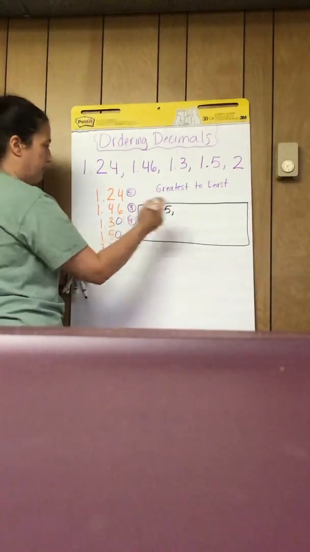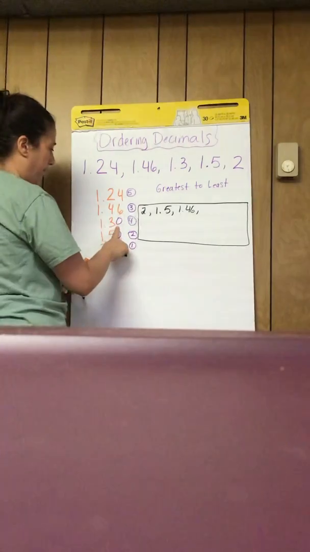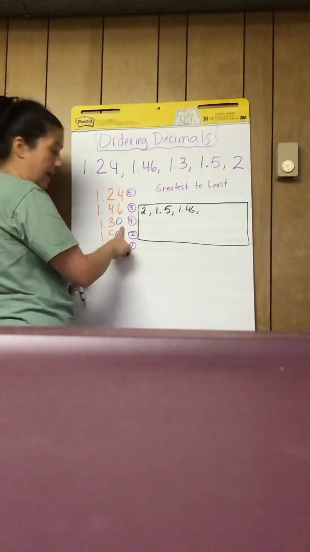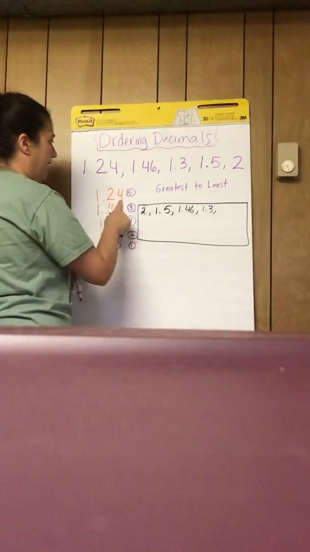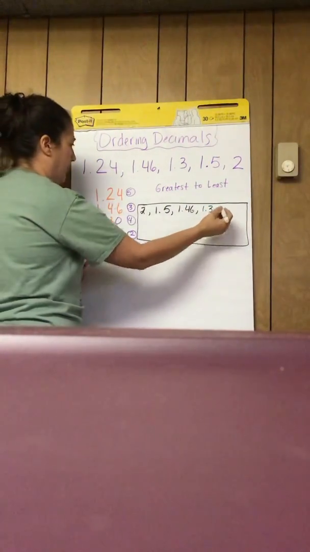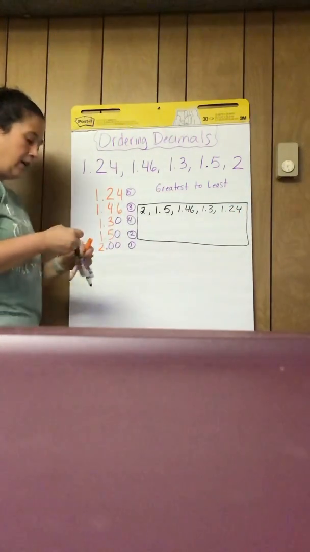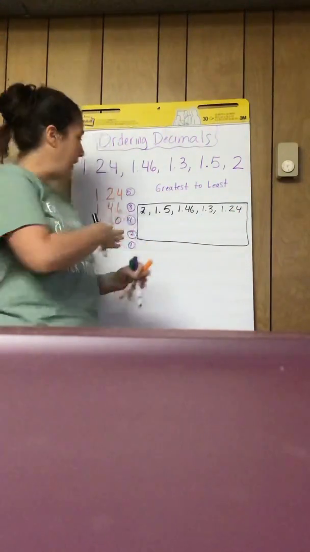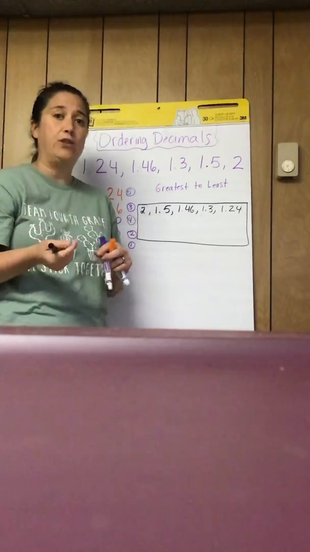My third place, 1.46, comma. My fourth place, remember, don't add your magic zero, 1.3, comma. And in fifth place is going to be 1.24. So again, boys and girls, this is easy because you did this a lot when you ordered fractions.